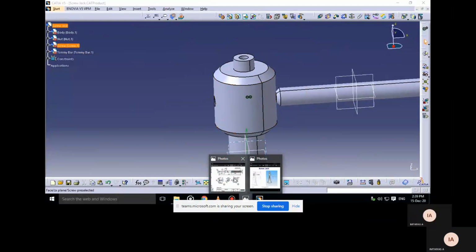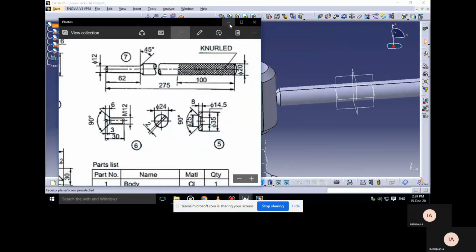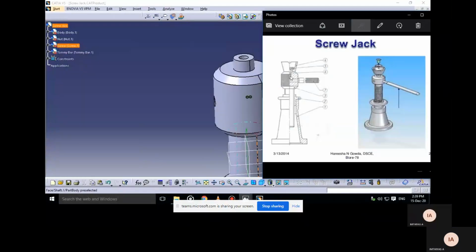Then the next part is the cup to be inserted.